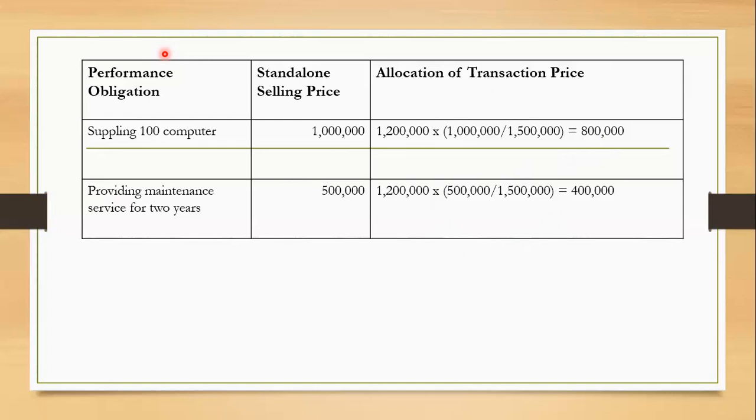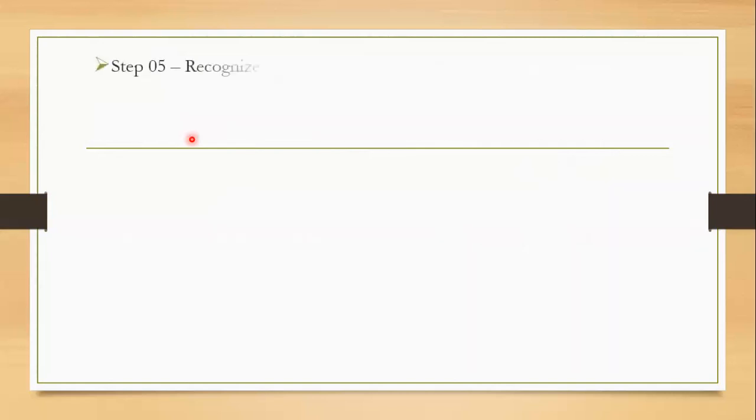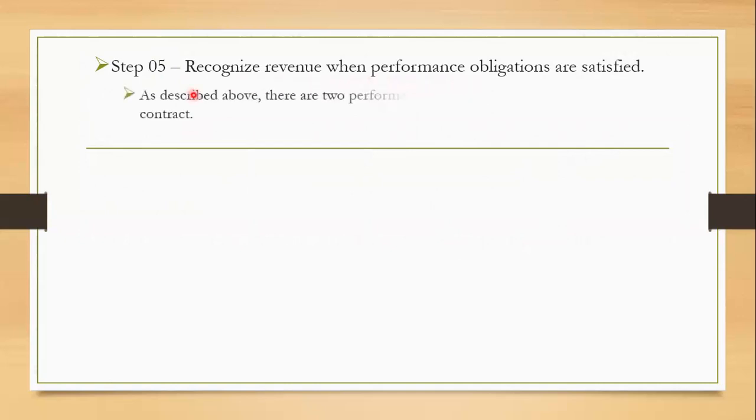Okay, so let's try to understand how we are going to recognize revenue with the final step in our 5-step model. That is step number 5, recognize revenue when performance obligations are satisfied. As described above, there are 2 performance obligations associated with this contract. The customer has made the payment on 1st January 2022.